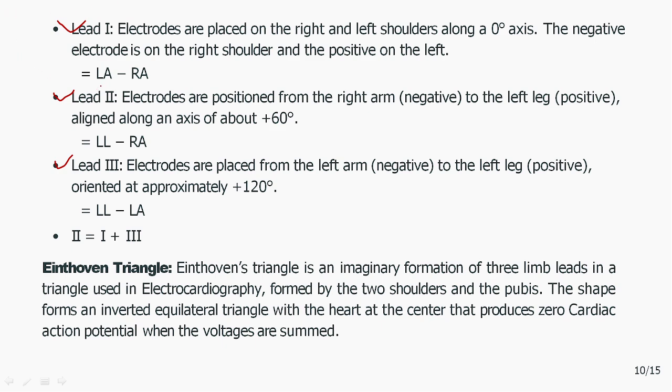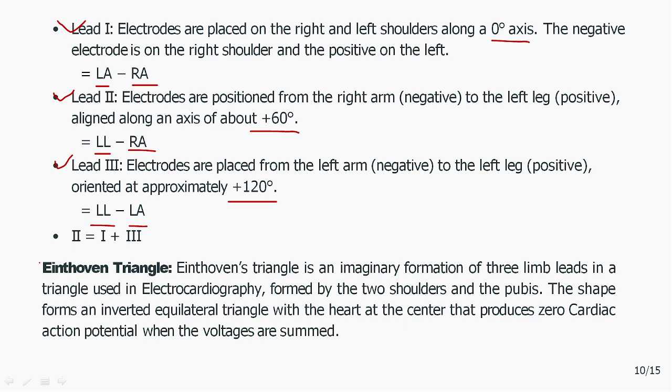As we have discussed, the difference is recorded between the left arm and right arm for lead 1, between the left leg and right arm for lead 2, and between the left leg and left arm for lead 3. Lead 1 is placed along the shoulders at 0 degrees, lead 2 is at an angle of 60 degrees, and for lead 3 the angular displacement is 120 degrees.